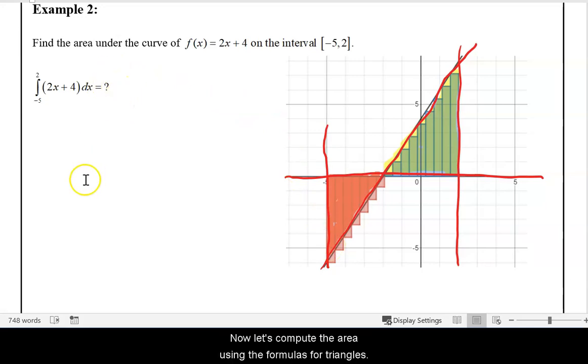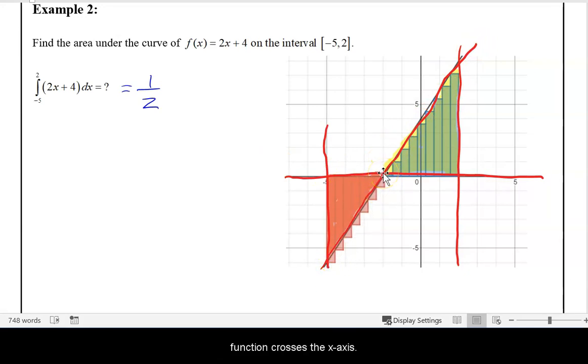Now let's compute the area using the formulas for triangles. If I'm looking at the area that is above the axis, then I need to find the area of that triangle using the formula 1/2 base times height. I need to know when this particular function crosses the x-axis.